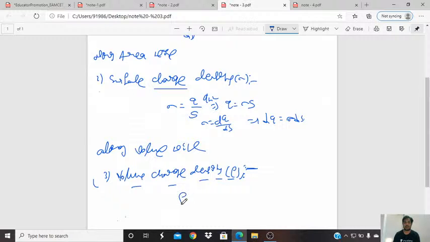That is rho equals charge per unit volume, Coulomb per meter cube. So Q equals rho into V, or rho equals dq by dV. So dq equals rho into dV. Like this we can see.